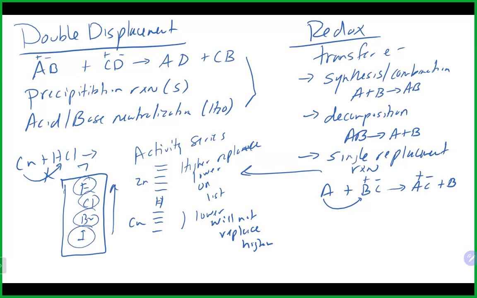Bromine is more reactive than iodine. When we got to the iodine, it didn't replace anybody, so it stayed purple. And that means that if we try to do chlorine to replace bromine, it should work. But if you try to do bromine to replace chlorine, it will not work. So group 7 there is for the halogens, and that's the activity series basically for our halogens, it's just looking at group 7.